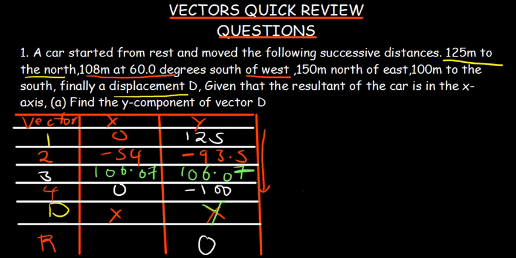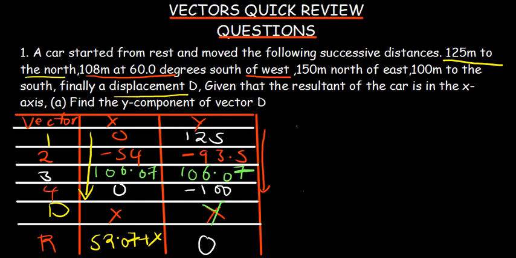So what you need to expect is, you need to add all these in the x. So 0 plus negative 54 plus 106.07 plus 0. So I'm getting 52.07 plus x. So x becomes the determinant of our resultant there.